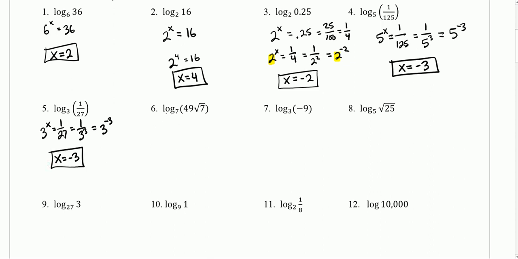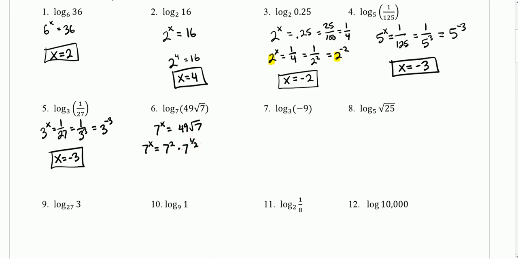Number 6, log base 7 of 49 root 7 is asking the question, 7 to what power is 49 root 7? Well, 49 is 7 squared, so 7 to what power is 7 squared times the square root of 7, which is 7 to the 1/2 power.